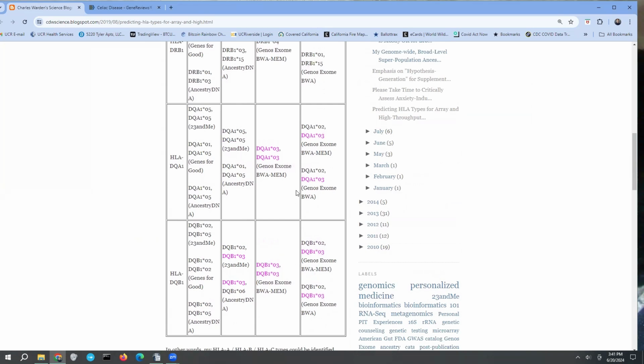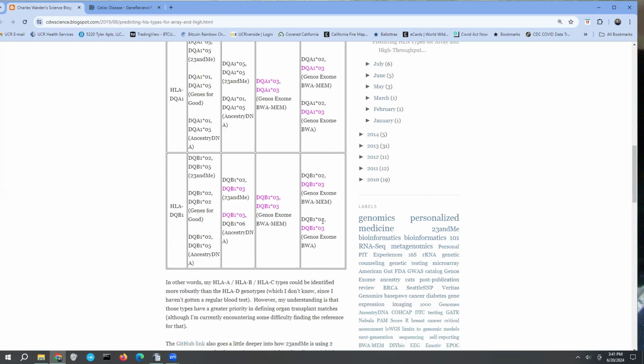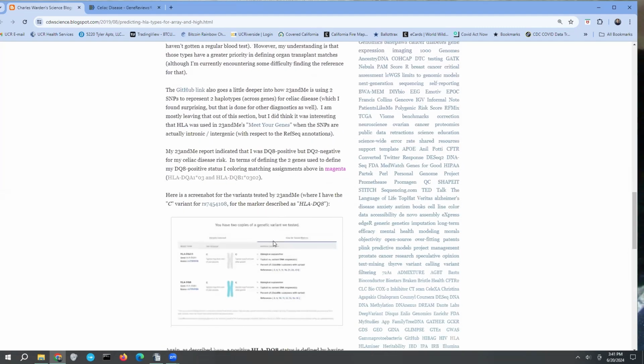However, with the exome data, you have one method that would match the one SNP that's considered for my 23andMe report, and another method that indicates I would at least have one DQ8. And in general, it might be nice to have more of the sequence data rather than that one SNP, but a limitation might be the length of the Illumina reads, and this being a highly variable region.